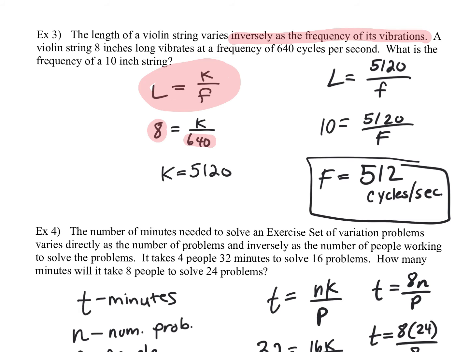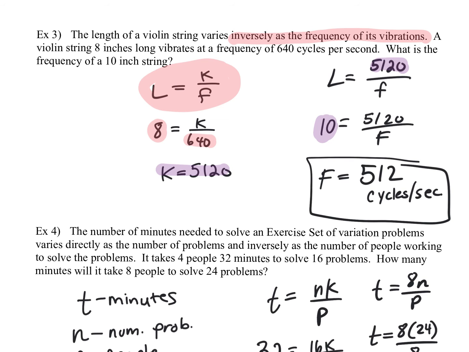That information helps us find k. Now we use that k value to solve the question at hand. What is the frequency of a 10-inch string? Well, I plug that 10 in for L, and I can solve for F. I found that the frequency is 512 cycles per second.